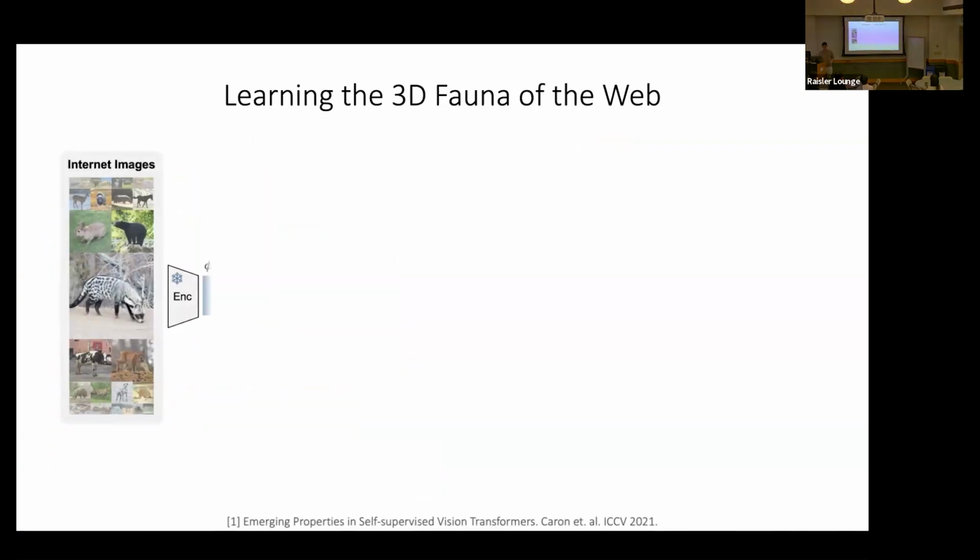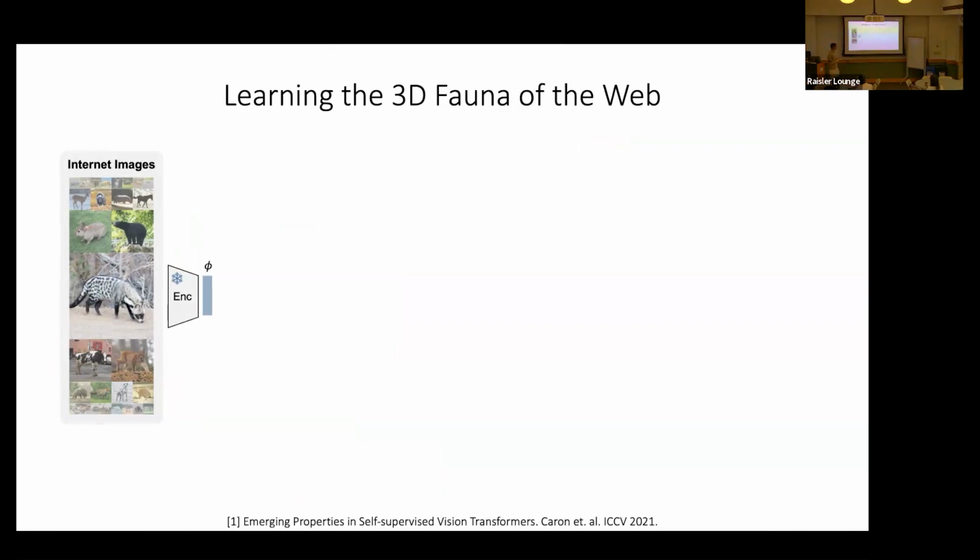So it's a similar framework, but now since we want to expand this model to cover more object categories, we don't want to tell the model what the animal is before it starts predicting all these properties.